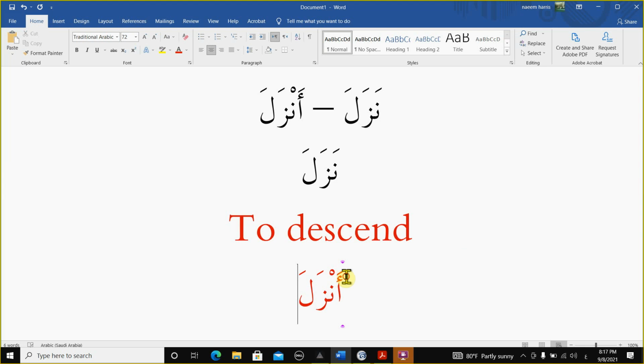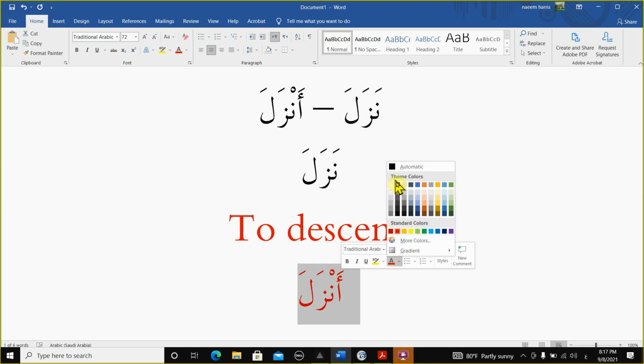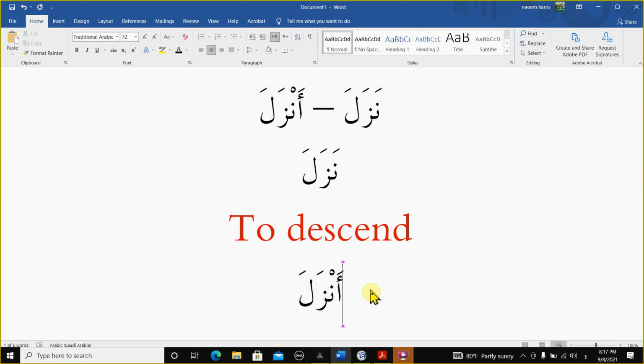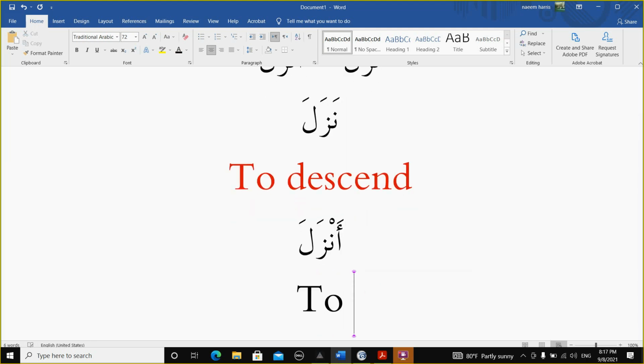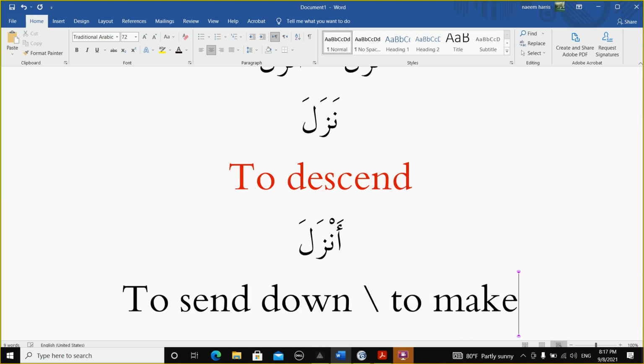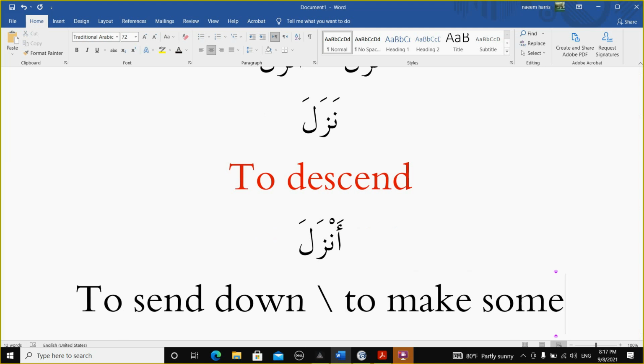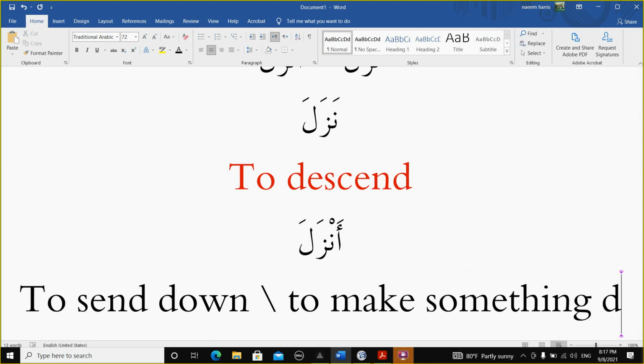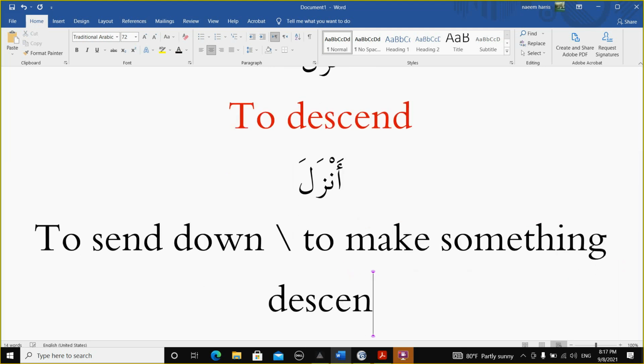To send something down, to make something go down, to make something descend. Nazala, anzala.